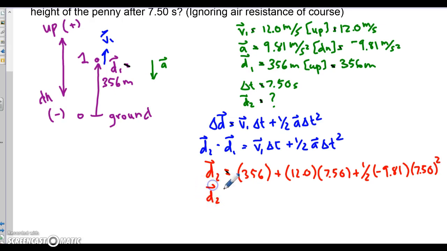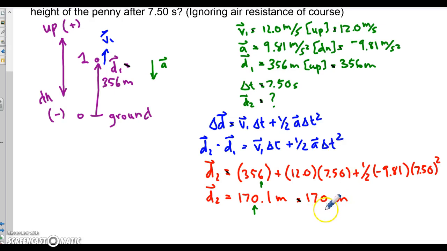When I evaluate that expression, I get 170.1 meters as my final position, position 2. If I look at what I'm given in terms of significant figures, I'm going to be rounding to the ones place in the end. So that means my final position, d2, is 170 meters.